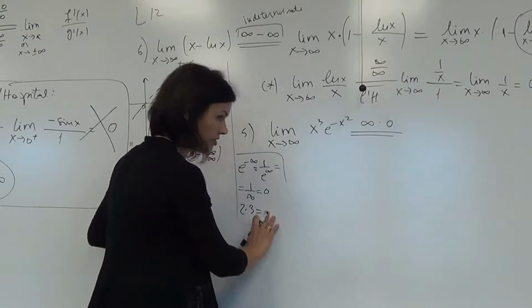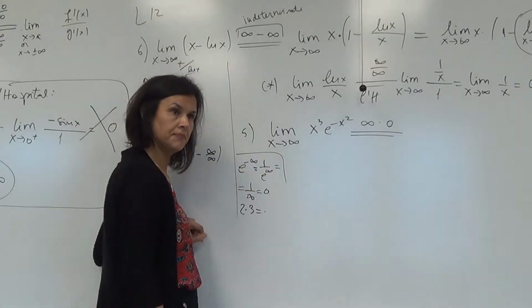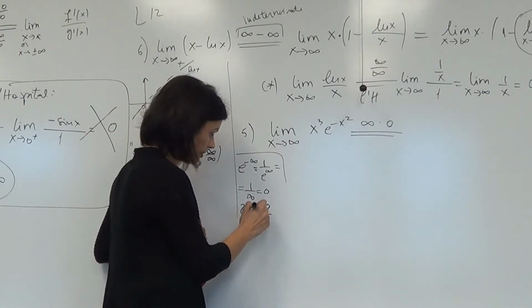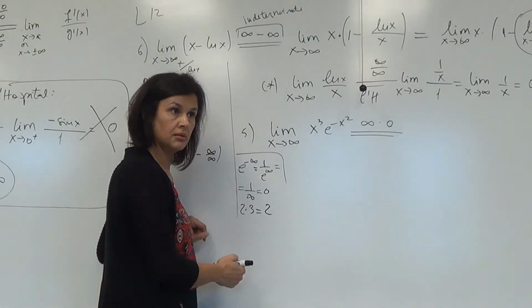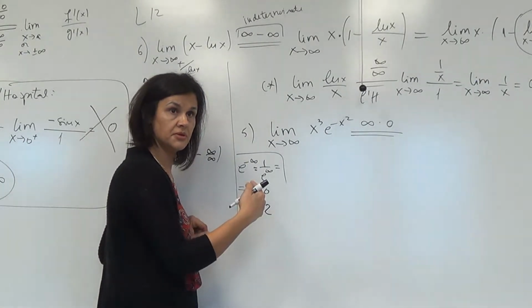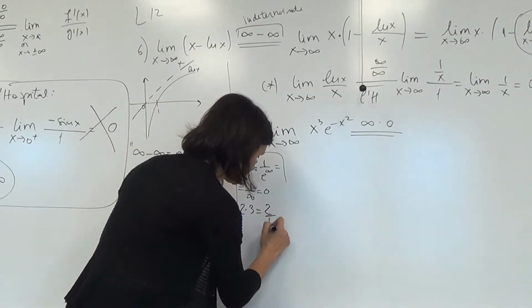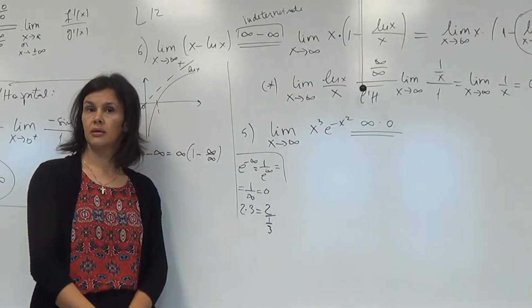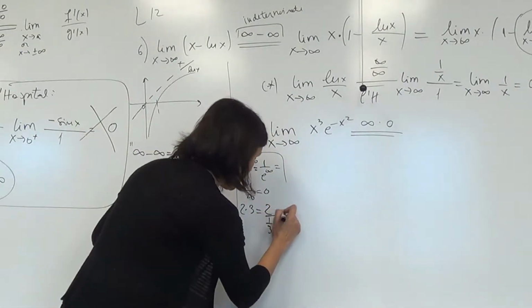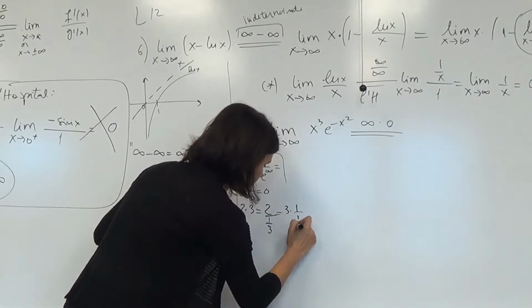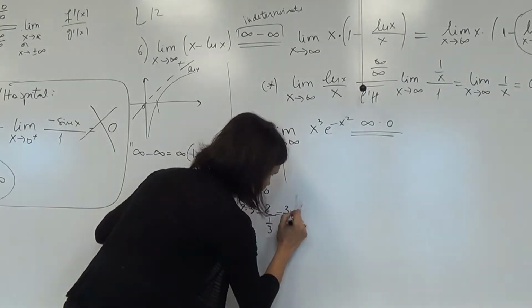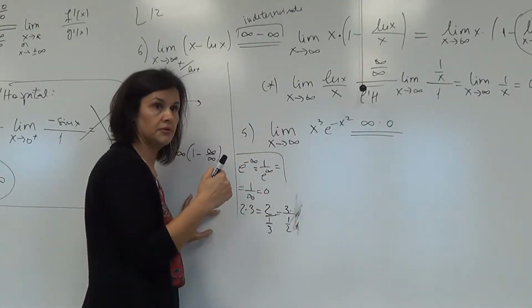No, in terms of 2 and 3, I want to see only 2 and 3. 2 over 1 over 3. You can bring 3 to the denominator by taking its inverse. Or 3 times 1 over 2, or 3 over the inverse of 2.